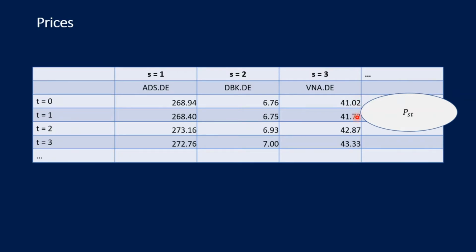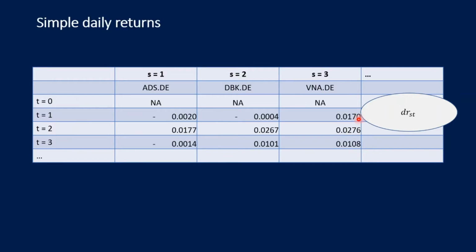Of course, this return is put into day t is 1, so that for day 0, since we are lacking a comparison, we can't calculate that for 0. Since these are closing prices, of course all this happened on day t1 and not on day t0. Accordingly, this is the simple daily return of t1.